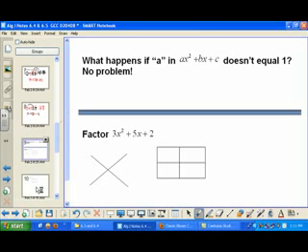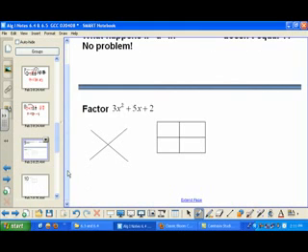What happens if A is not 1? What do we do when A is not 1? Everything we've done so far, A is equal to 1. So if I have something like this, I am going to factor 3x squared. Well, we still use the same rule. It's the A value times the C value. Up to this point, we've been going 1 times the bottom.